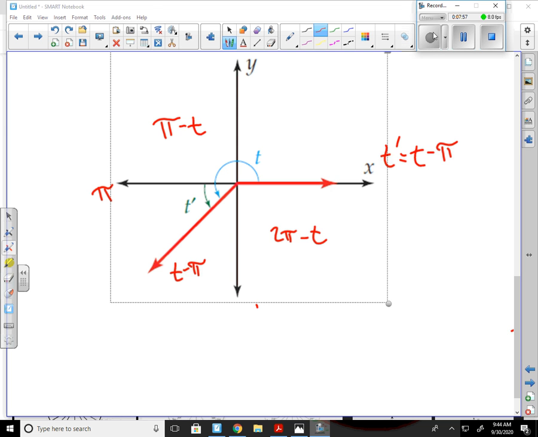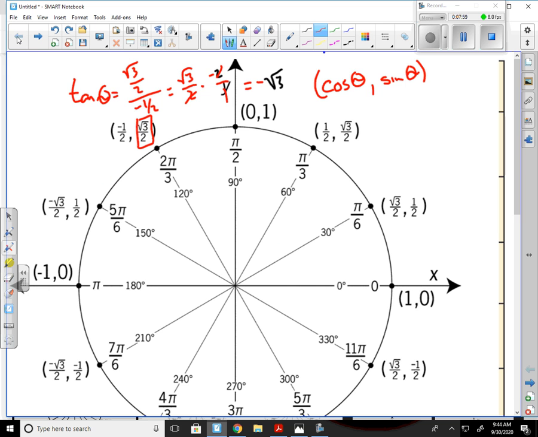So if I memorize, going back to my unit circle, this first quadrant, these angles and their values for cosine and sine, then every reference angle I find works. Let's say it's here at 5 pi over 6.